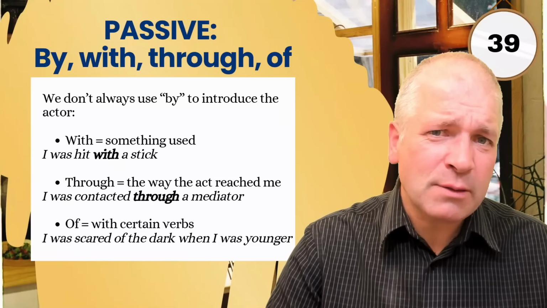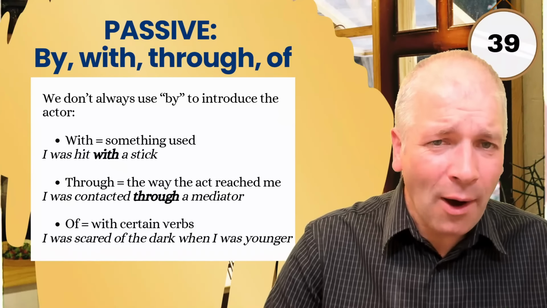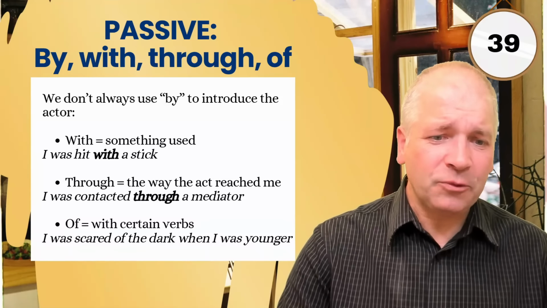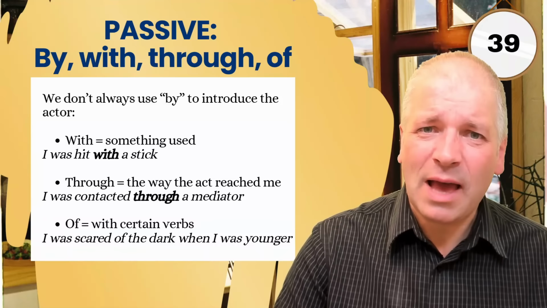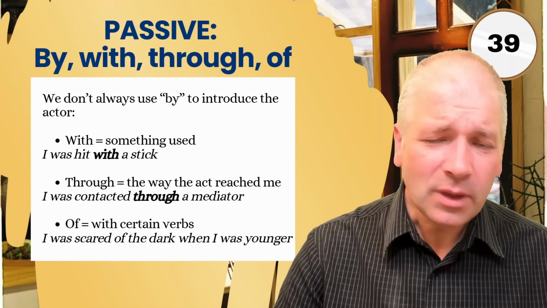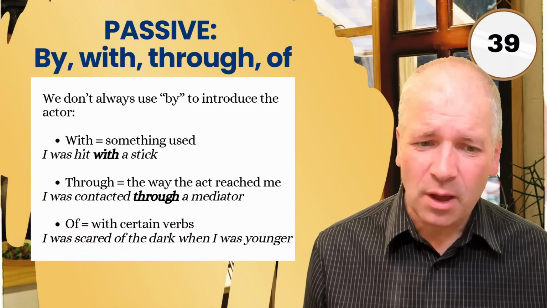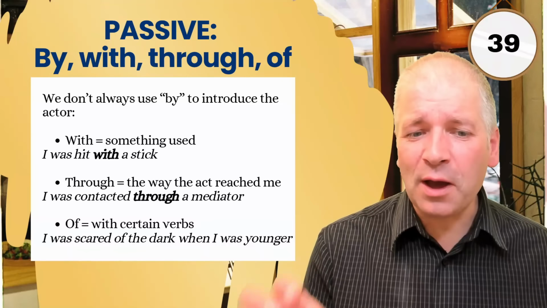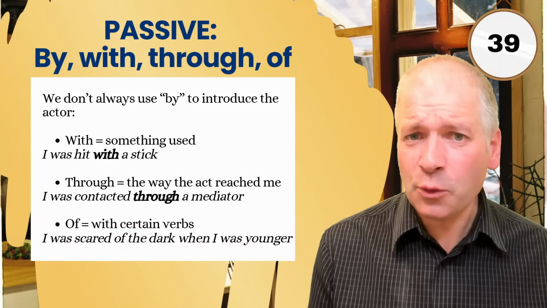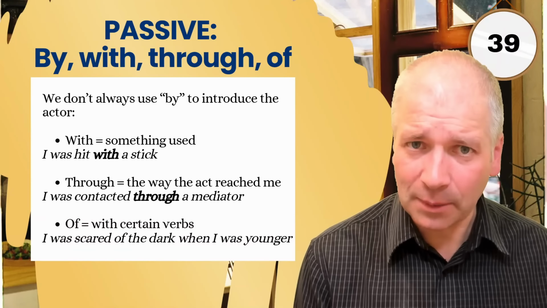The passive is normally followed with by when you have the subject, but it doesn't always have to be the same. Sometimes we could use with to talk about something that was used. I was hit with a stick. In other words, they used a stick to hit me.